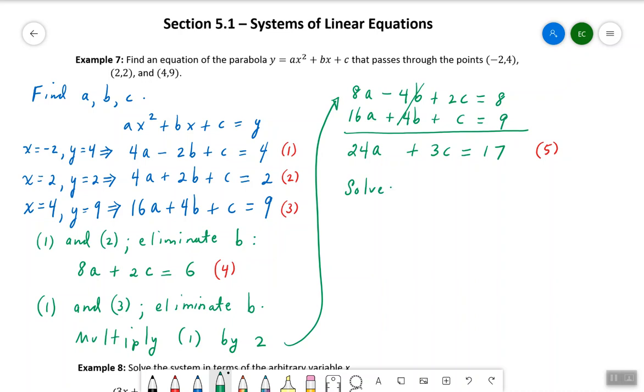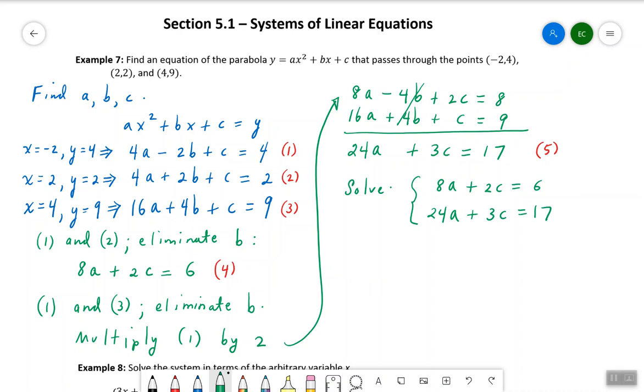So we're going to solve 8a plus 2c equals 6, and 24a plus 3c is equal to 17. It's easy to make a careless mistake. I'm checking my work and trying to make sure I haven't got anything wrong yet.